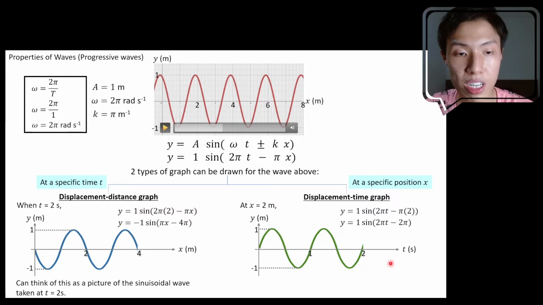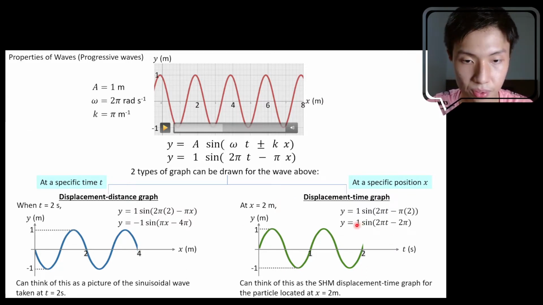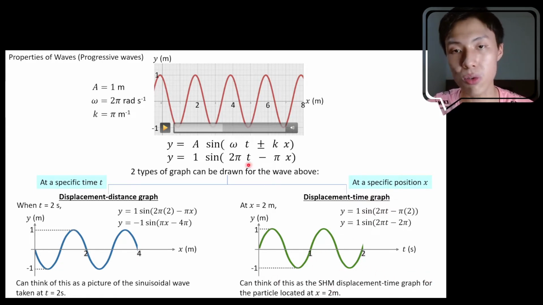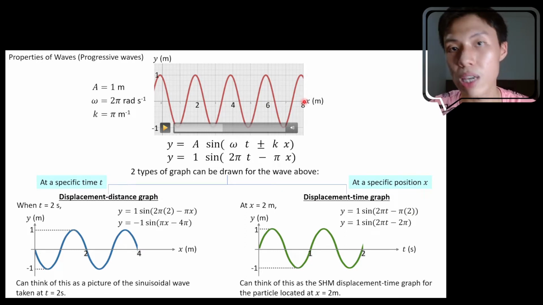So this displacement time graph here is representing the SHM displacement time graph for the particle located at x equals 2 meter. Of course, if you substitute x equals 8 and plot the displacement time graph, then that will be the SHM graph for the particle at x equals 8 meter.